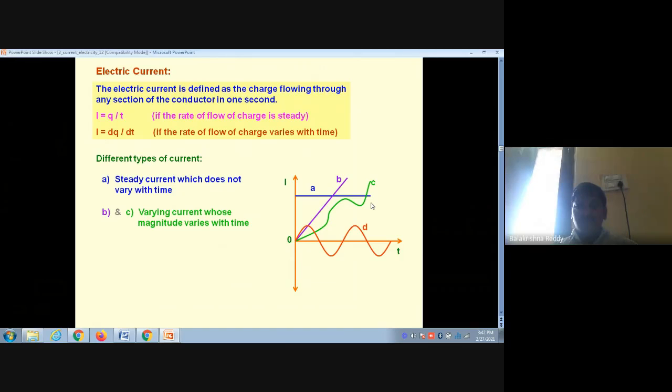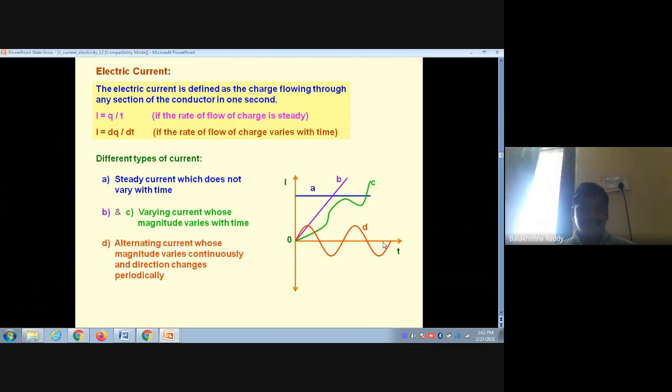Next, at another point, D, in red color, you find there is a current flowing and changing with respect to time periodically. The current which changes periodically, we call alternating current. Periodically, what is changing?